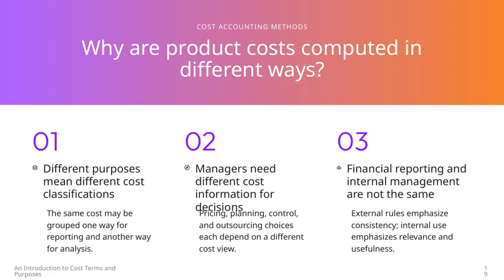Whether it's pricing products, planning budgets, controlling operations, or deciding whether to outsource, each decision relies on a specific perspective of cost data. Finally, there's a clear distinction between financial reporting and internal management needs. External financial reporting follows strict rules and demands consistency, while internal management focuses on relevance and usefulness to drive better decisions. Understanding these differences helps us appreciate why cost accounting uses varied methods tailored to distinct purposes.